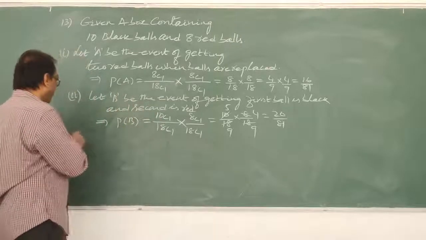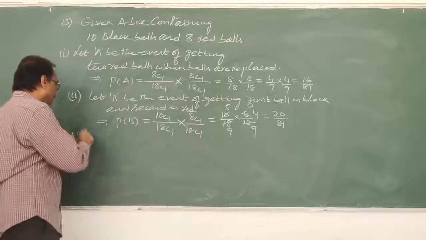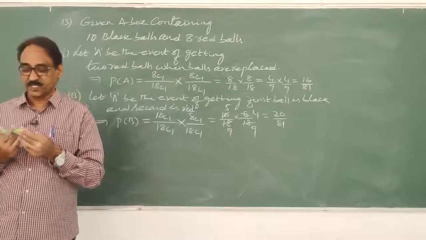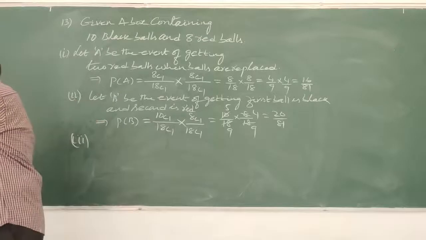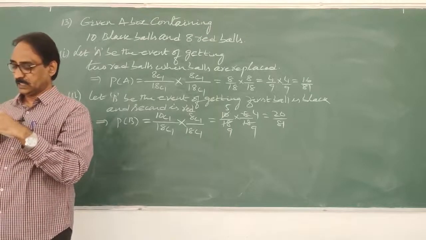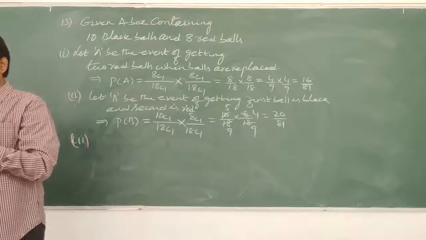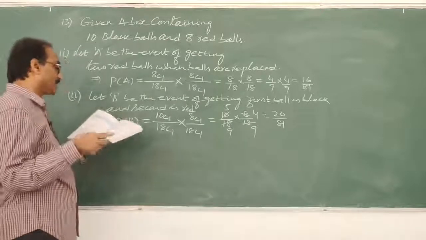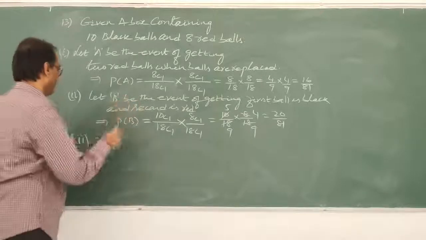What is the third bit now? You will see now. 3 bits are given in this. 3 bits means 3 problems, that's all. What is the third bit given? Let us see now. In this third bit, what they said, we will see now. One of them is black and the other is red.